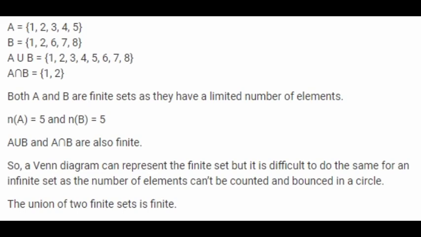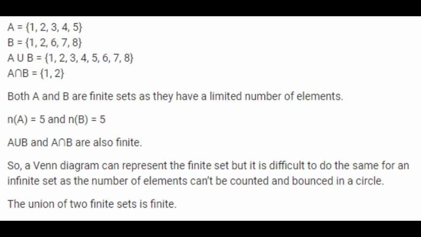And A intersection B is equal to 1 and 2. Both A and B are finite sets as they have a limited number of elements. Hence, n of A is equal to 5 and n of B is also equal to 5. A intersection B and A union B are also finite.